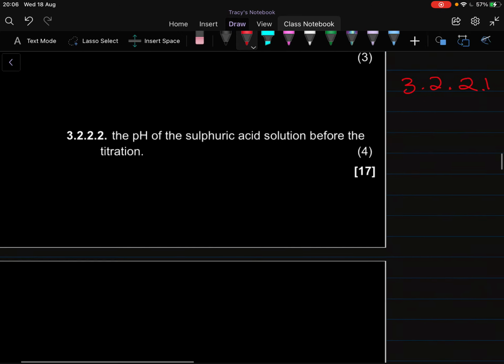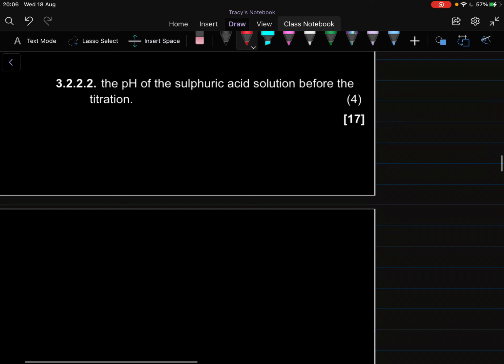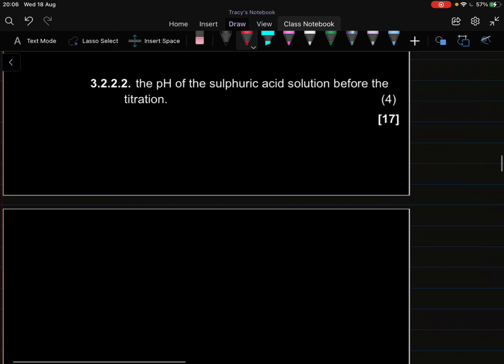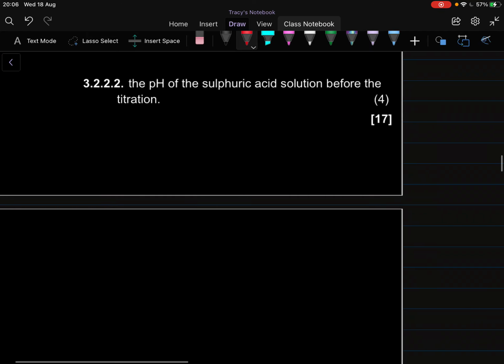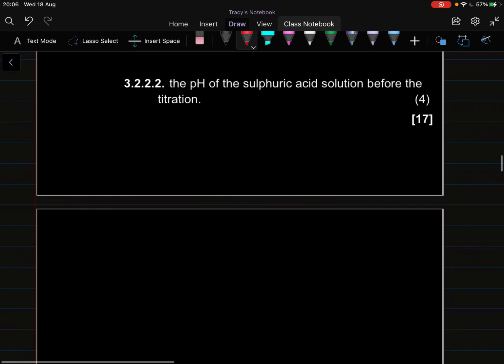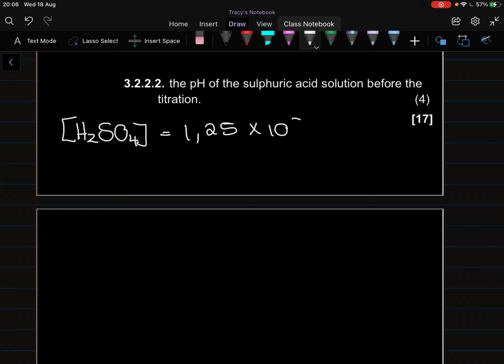Then they say, calculate the pH of the sulfuric acid solution before the titration. So, we know that the concentration of the H2SO4, we've just calculated it, is 1.25 times 10 to the minus 4 moles per decimeter cubed. To calculate pH, I need the H3O+ concentration.